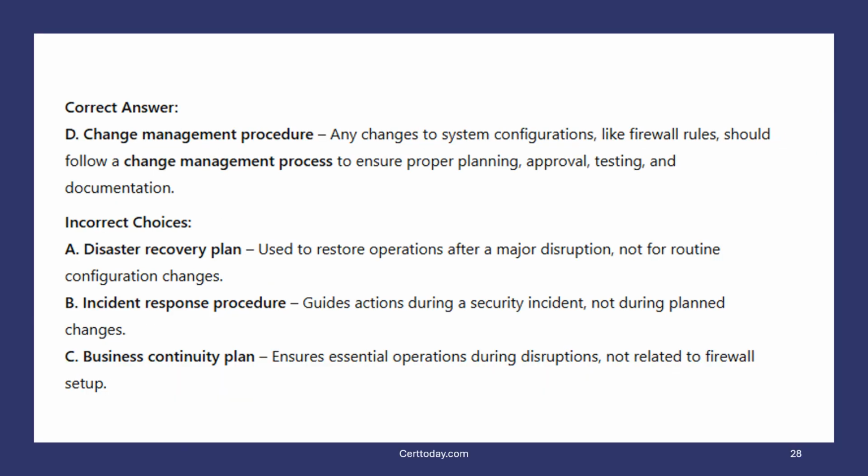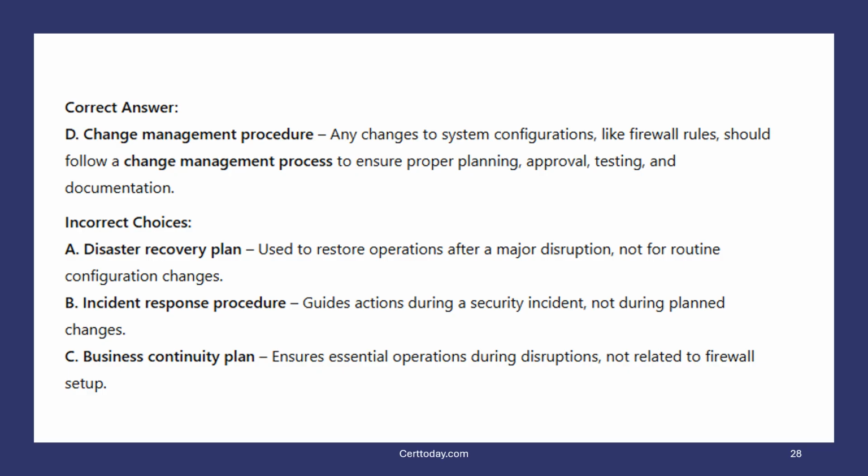The correct answer here is D. Change management procedure. Any changes to system configurations like firewall rules should follow a change management process to ensure proper planning, approval, testing, and documentation. A is incorrect because a disaster recovery plan is used to restore operations after a major disruption, not for routine configuration changes.